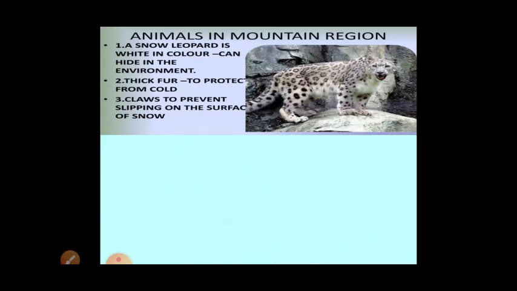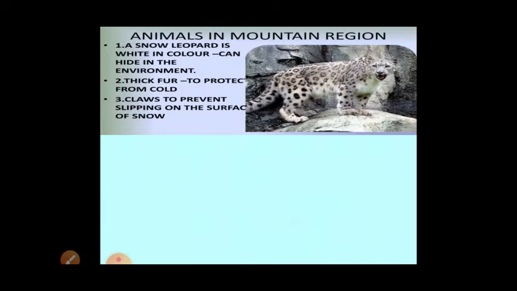Now, among animals in the mountain region, the snow leopard is white in color. According to the different places, their color and structure will also change. It helps them hide in the environment.